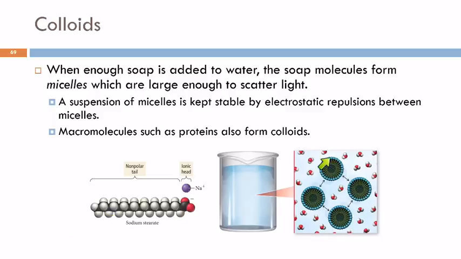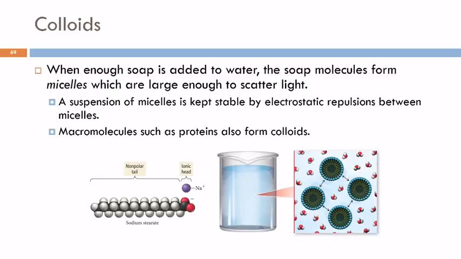These will form little spheres called micelles, and they will be suspended in the water because of the electrostatic repulsions between the different micelles. You can also form colloids with macromolecules. Those are just really big molecules. Proteins are macromolecules. DNA is a macromolecule.